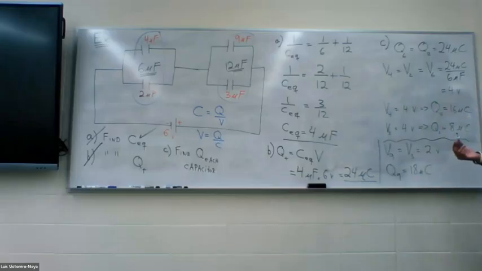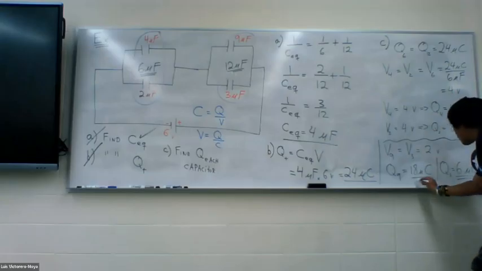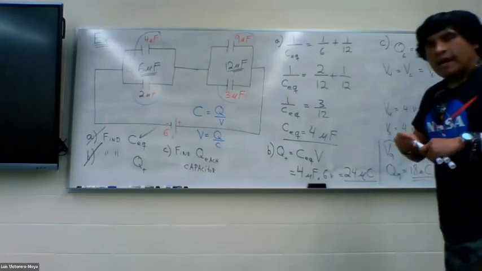And by conservation of charge, 24 minus 18, 6 microcoulombs. Or you can just do 3 times 2. So the charge on 3 is 3 times 2, 6 microcoulombs. There you are. That's how you solve.